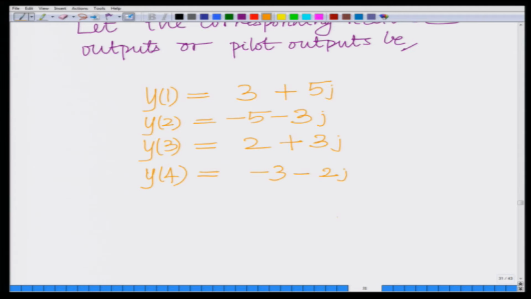So, what do we have? We have 4 transmitted pilot symbols x1, x2, x3, x4, which we have stacked to form the pilot vector x bar.